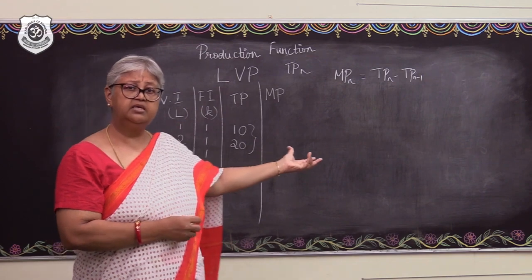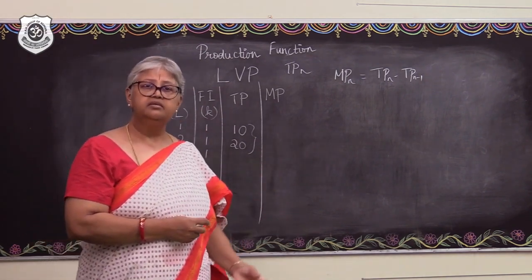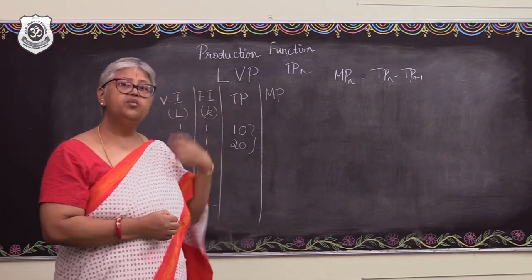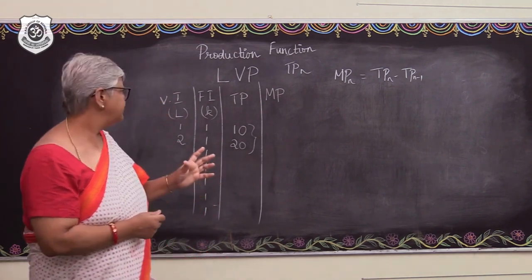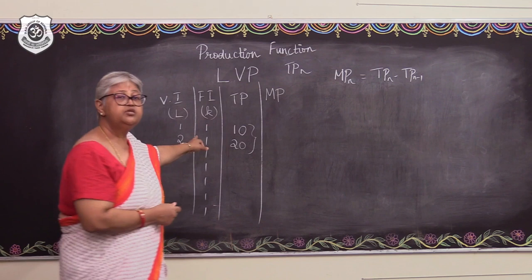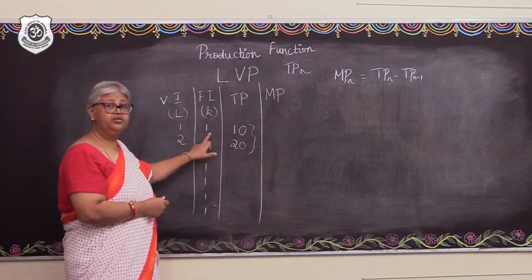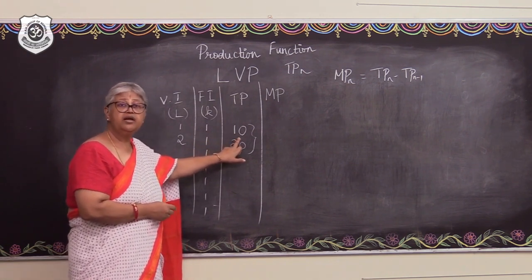Marginal product refers to the additional output that is gained due to one more variable input that is employed in the process of production. See this? Initially it was 1:1, that is 1 laborer and 1 unit of capital, which resulted in 10 units of the total product.